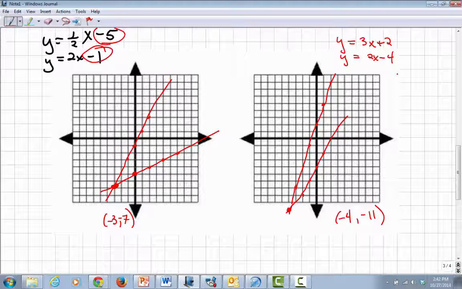So if you check it, if you put negative 4 in for x, it'd be 3 times negative 4 plus 2. Okay, so that should be negative 12 plus 2. Maybe I guessed it wrong. So that'd be negative 10. So apparently I counted it wrong.